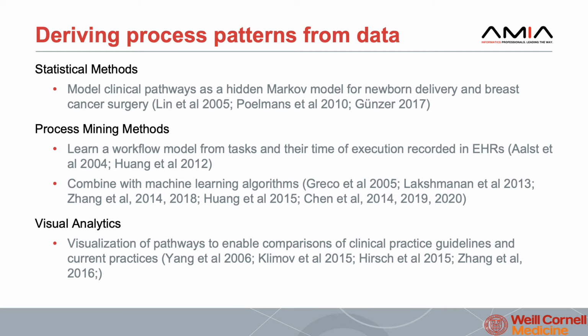For example, in my own work of deriving data-driven order sets and data-driven clinical pathways, I have often used clustering algorithms to discover underlying subgroups first, then try to mine patterns within each cluster that may be used to develop order sets and clinical pathways from data.